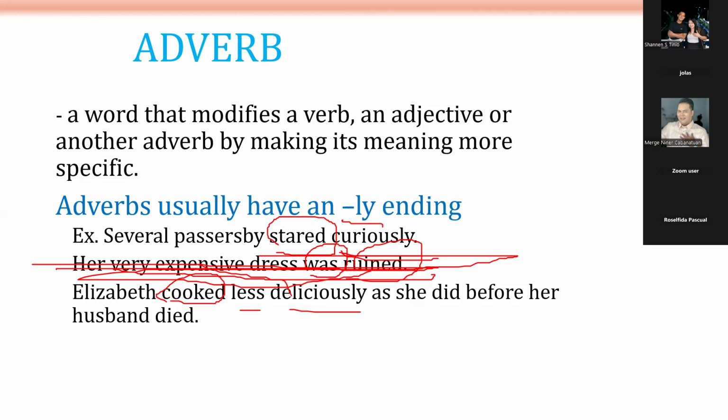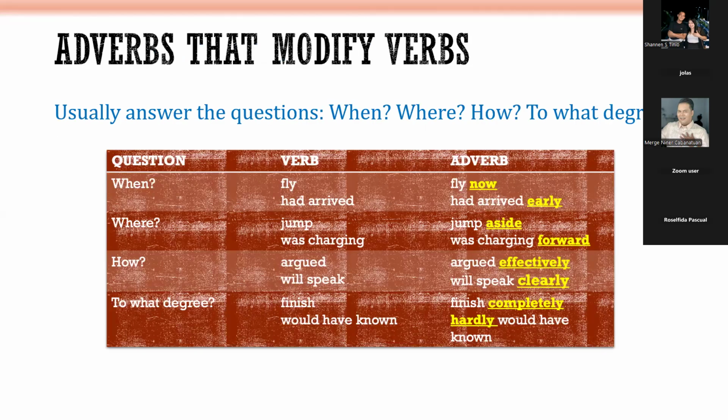All right, let's take a look at this table. Adverbs usually answer the questions when, where, how, to what degree. Okay, when? When will you fly? I will fly now. When did he arrive? He had arrived early. Where? Where did it jump? It jumped aside. Where is it charging?